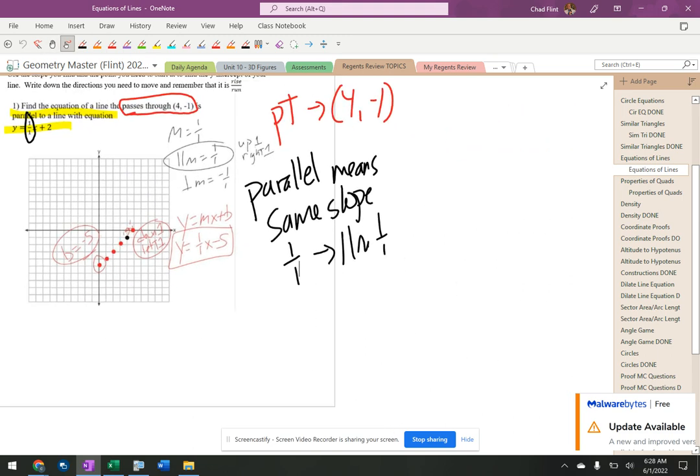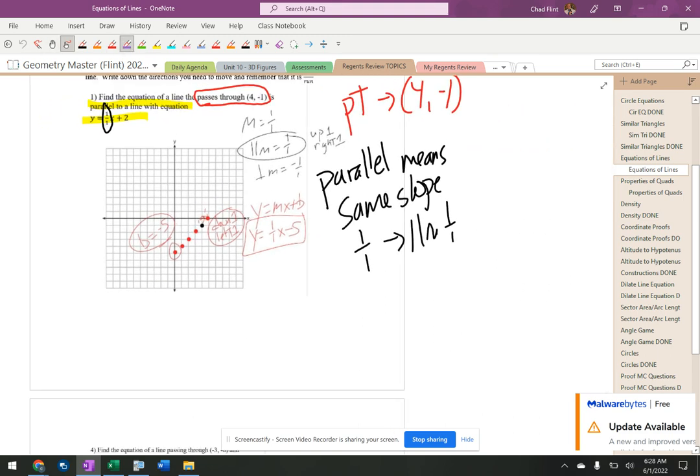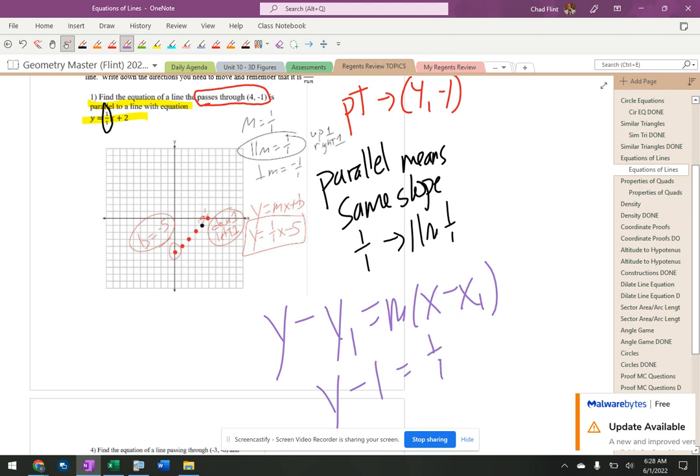So then I take my equation, y minus y1 equals m times x minus x1, and I get y minus 1 equals 1 over 1 times x minus 1. Okay, hang on.